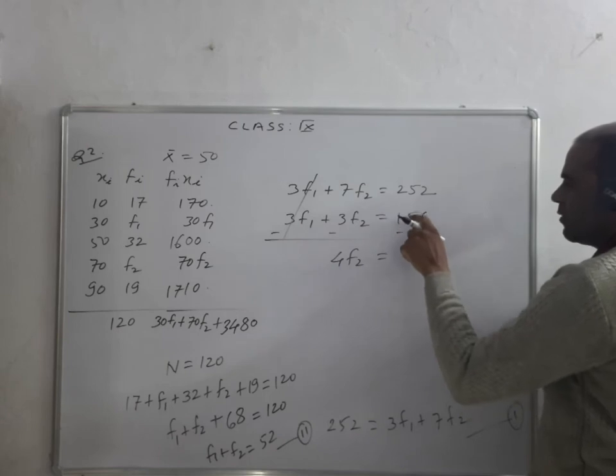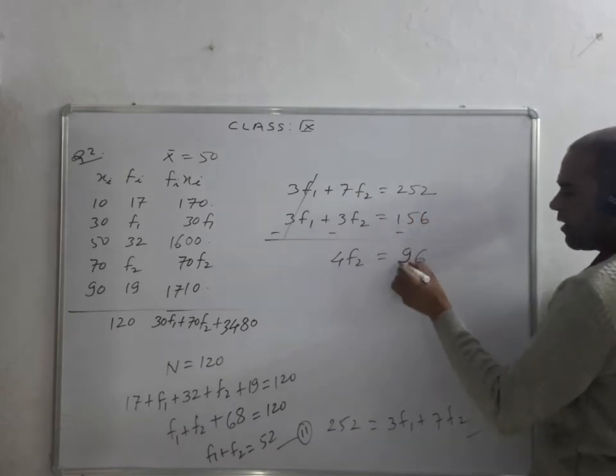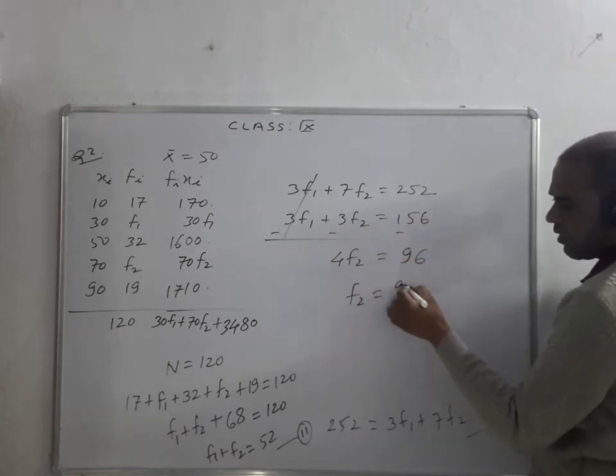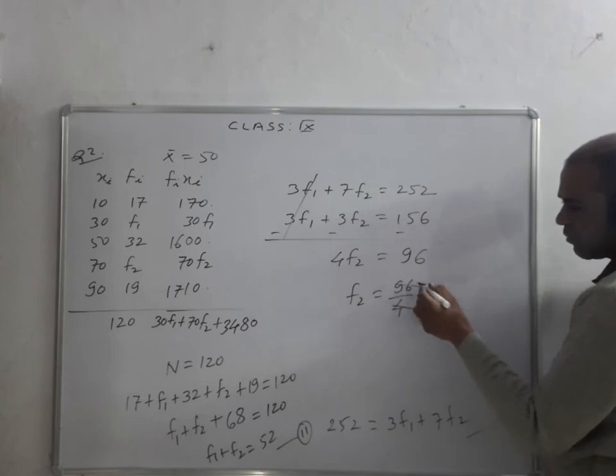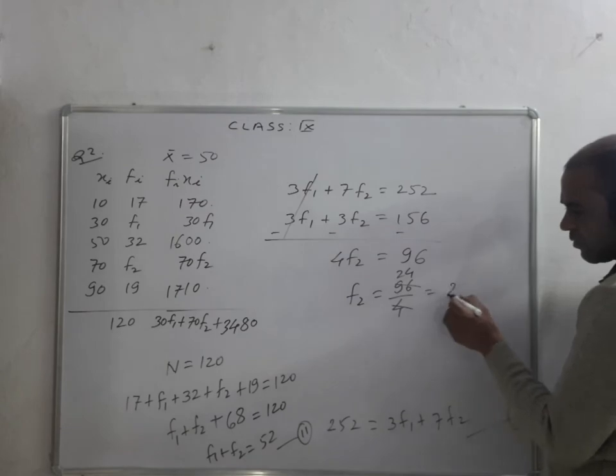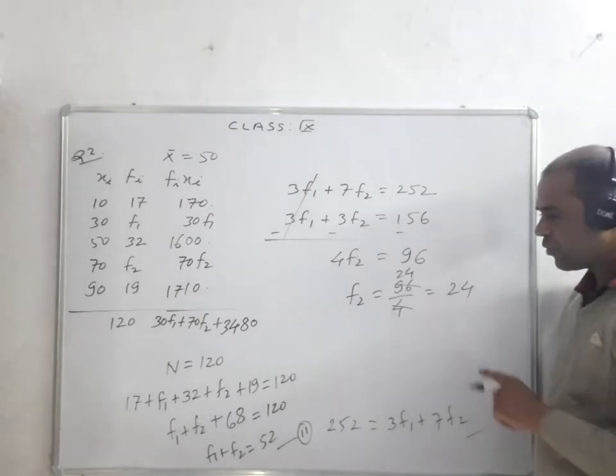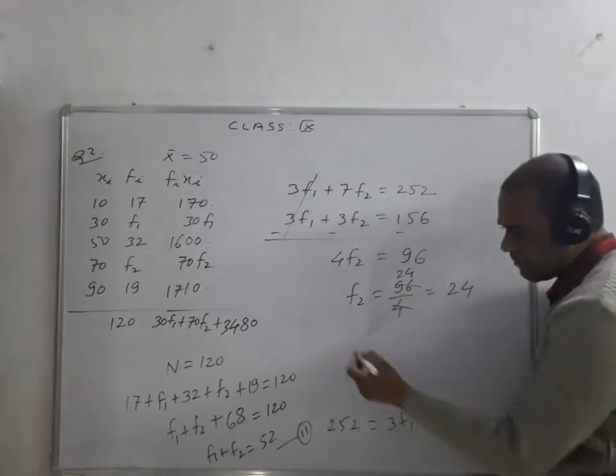So f2 equal to 96 by 4. 4 2s are 8, 4 4s are 16. So f2 equal to 24. And put the value of f2 in equation second.